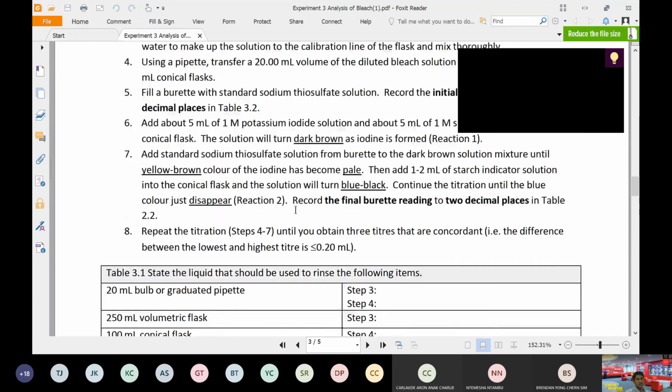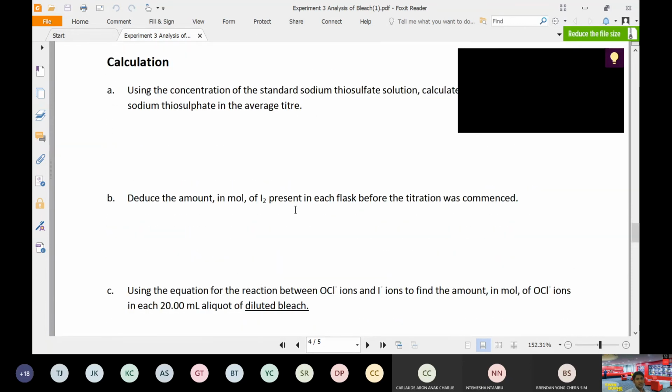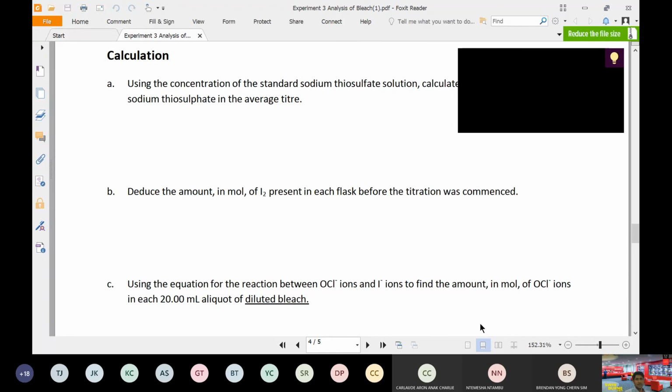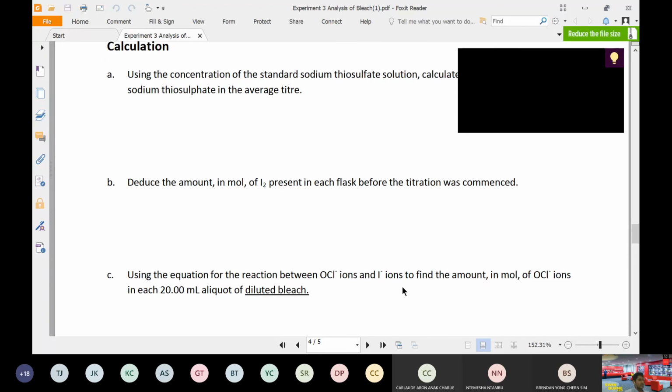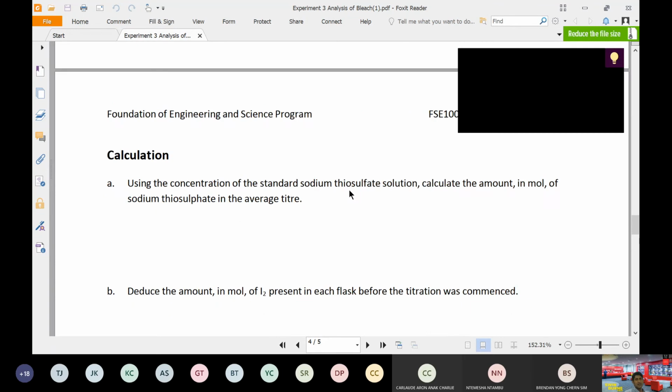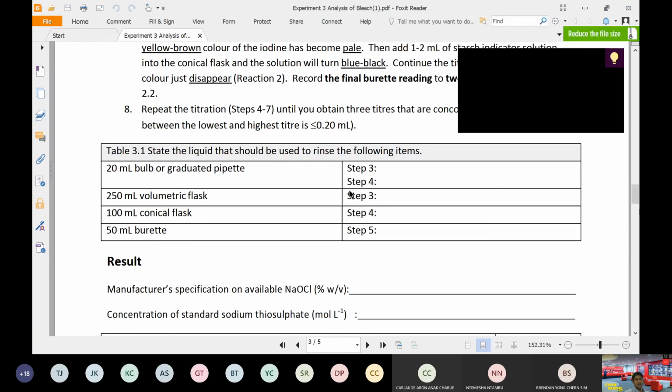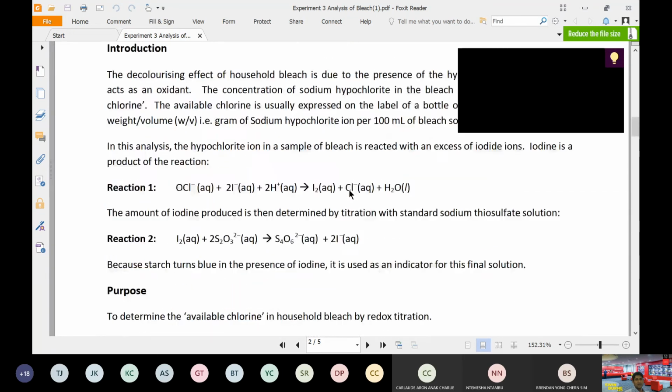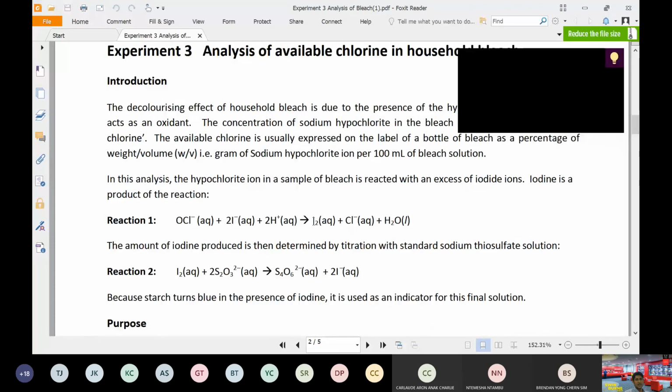From here we can say how much iodine was there, and when the titration is completed, that means this iodine is being titrated.